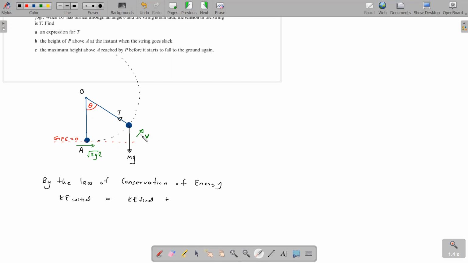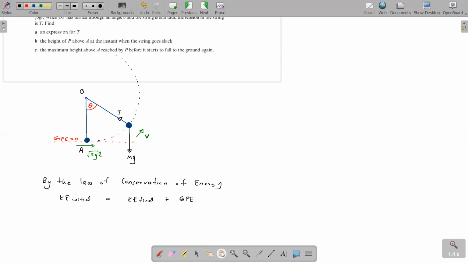And then at this point, you should have potential energy, the final potential energy, or basically the gain in GPE. If you subtract KE final from KE initial, you get the kinetic energy loss, because it's losing speed. On the other side, you have the potential energy gain.